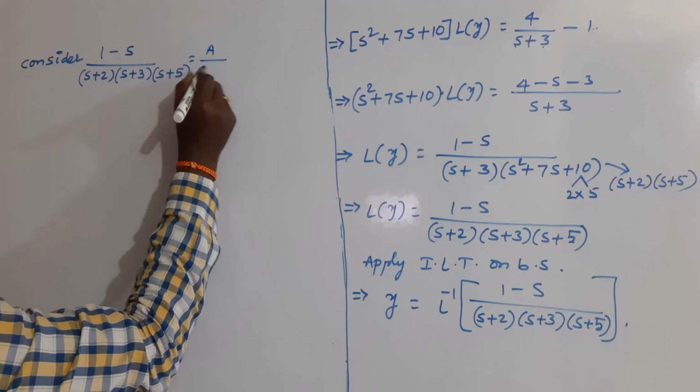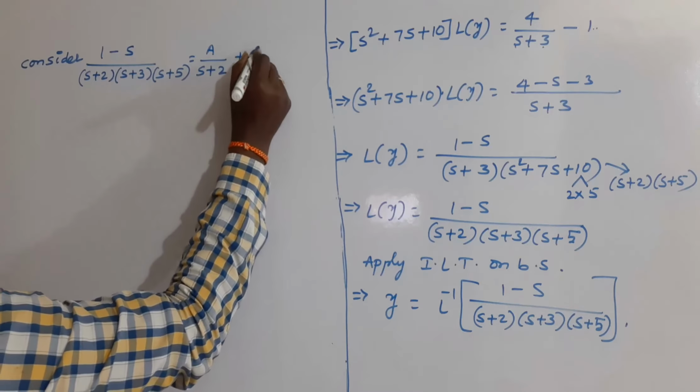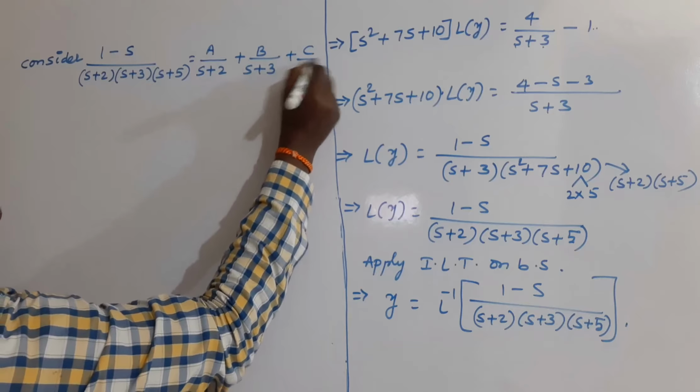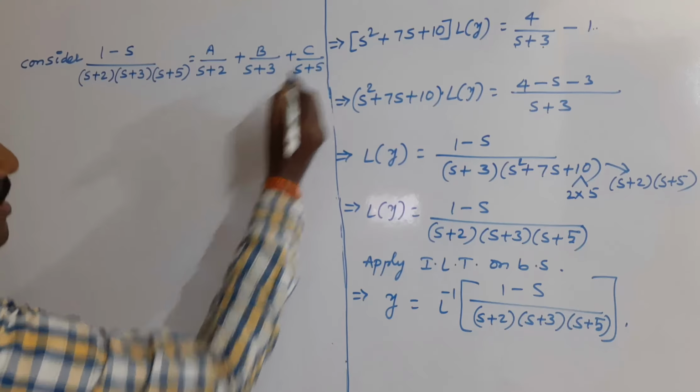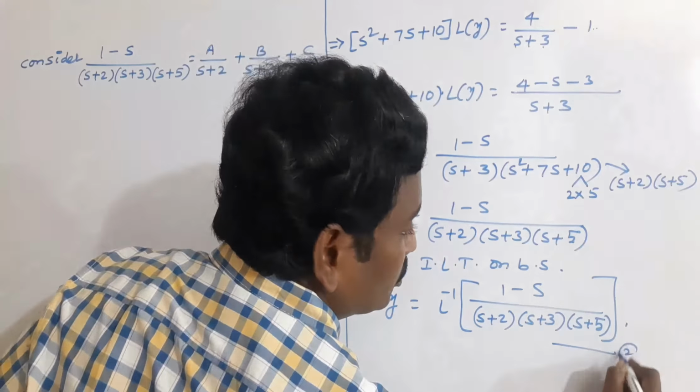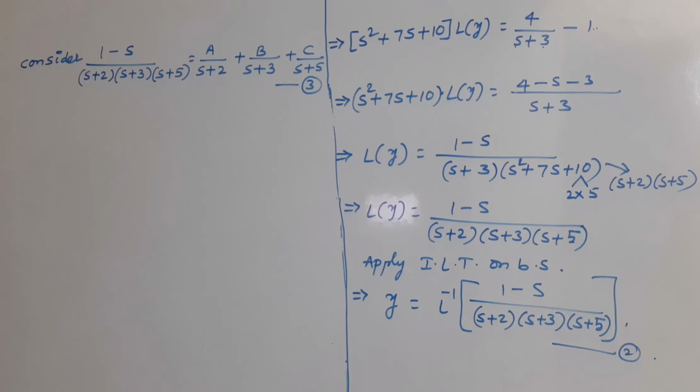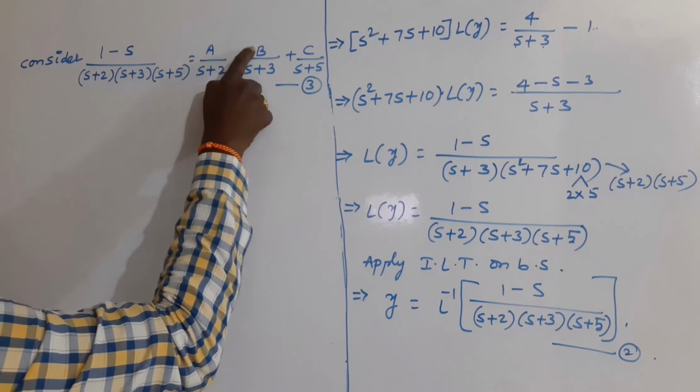A by s plus 2 plus B by s plus 3 plus C by s plus 5. I will call this equation number 2 and this equation number 3. Now it is enough to find the unknown values, which are A, B, C.